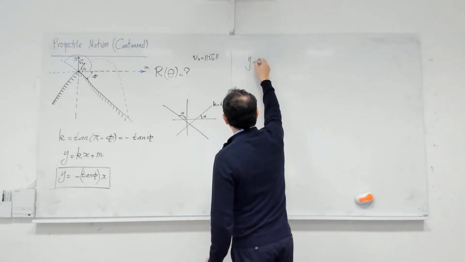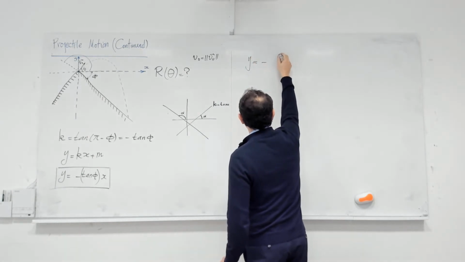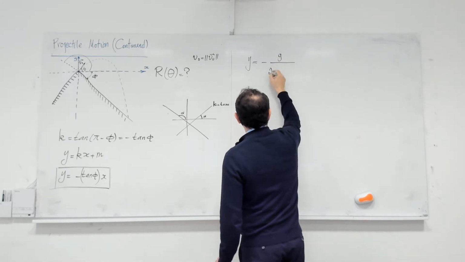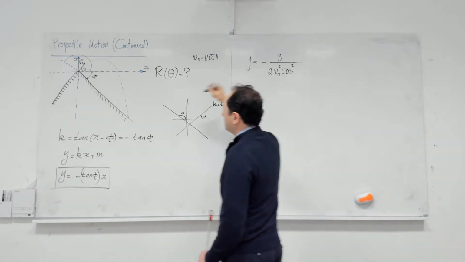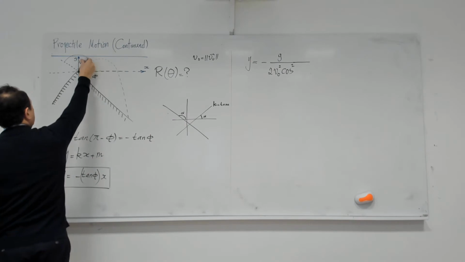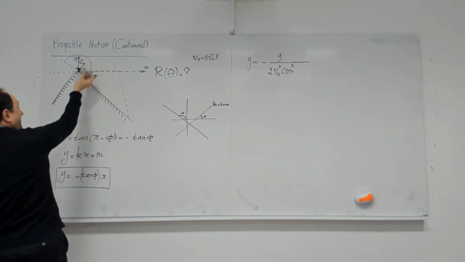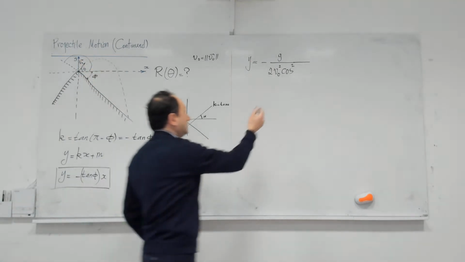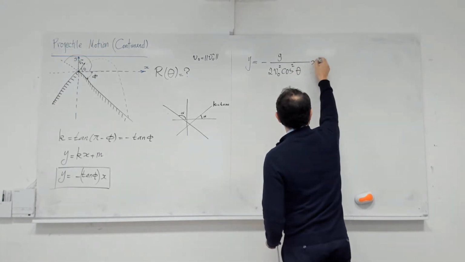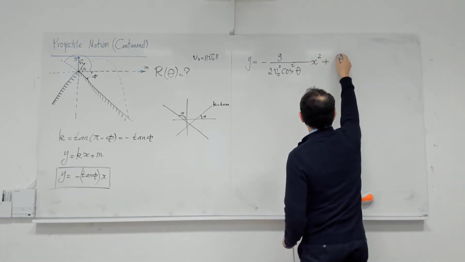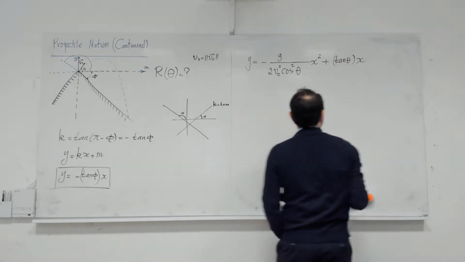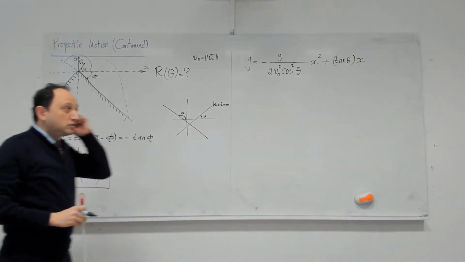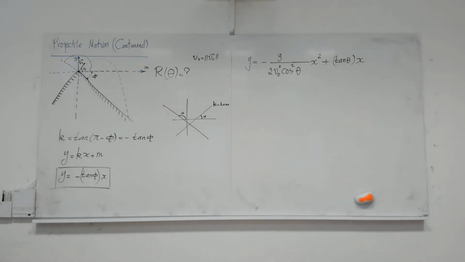If you go back and see your notes, this would be minus g over 2 v naught squared cosine squared of the angle that the initial velocity makes with the horizontal. So that is theta in here. And then you have x squared here, and then you have tangent of that angle theta times x. Yes? So, yeah, if you check it, please.